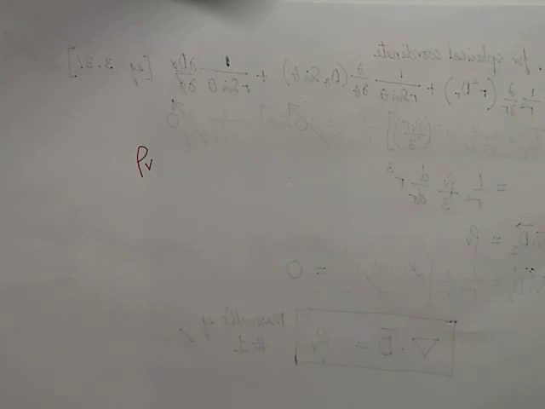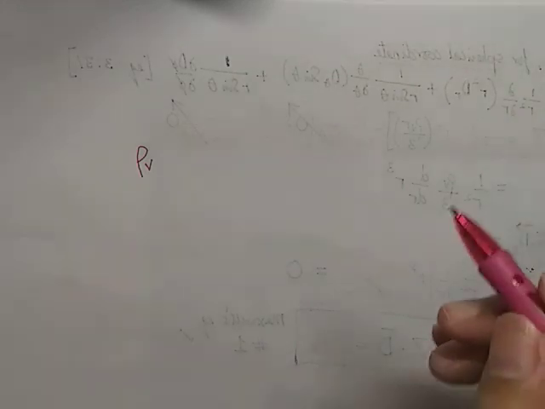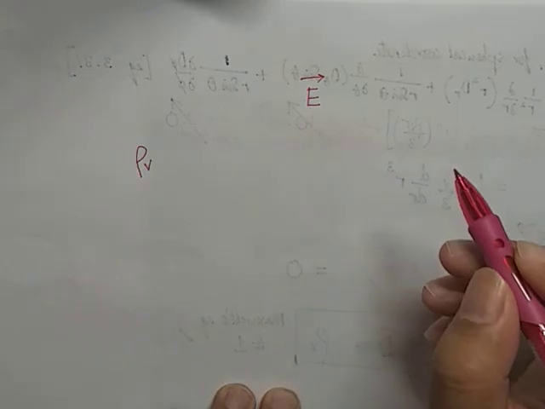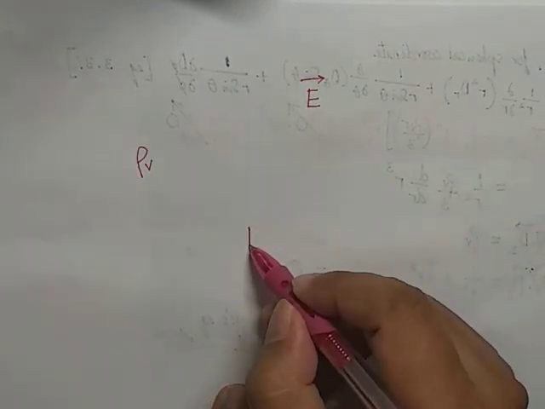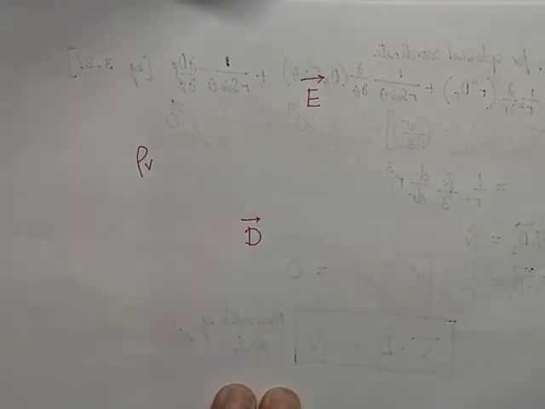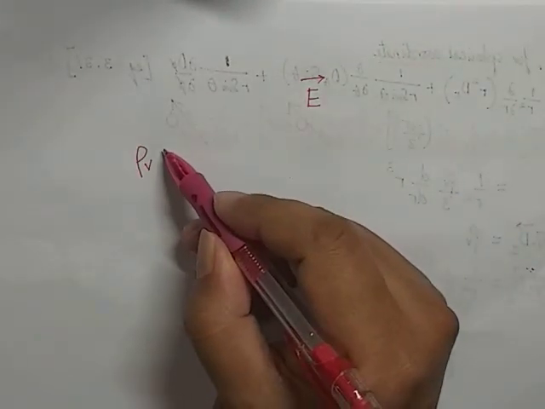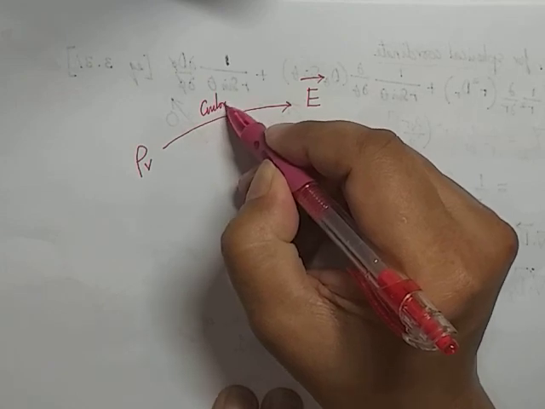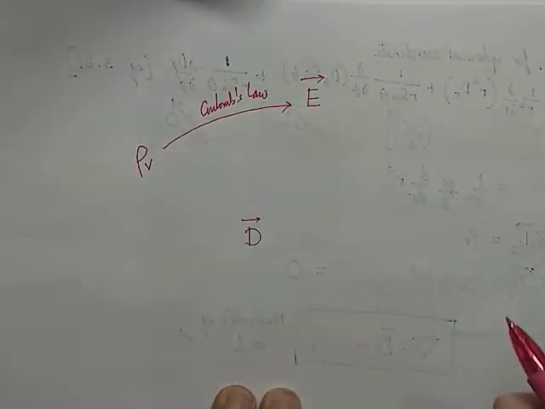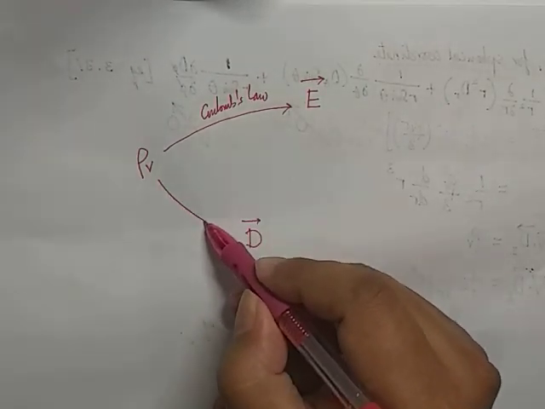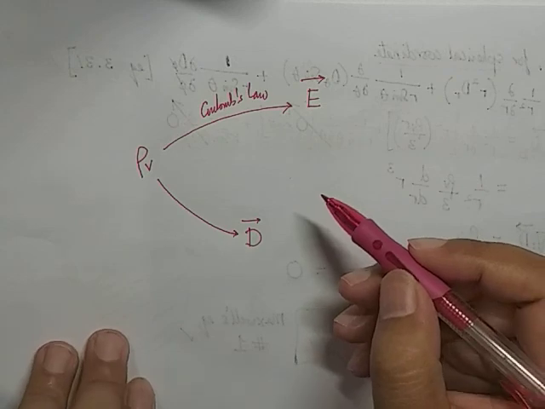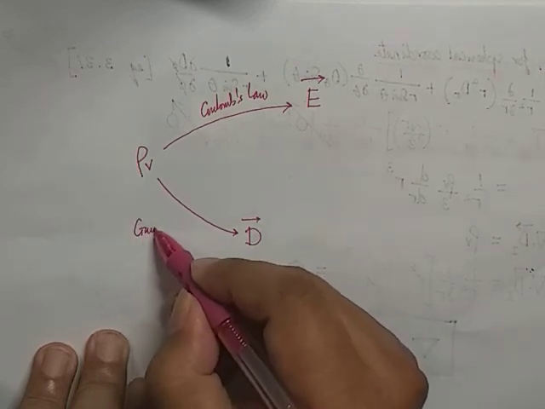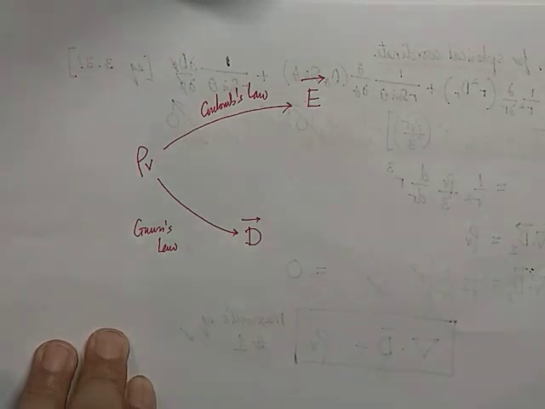The source can produce electric field intensity, E, and another field that can be produced is electric flux density, D. Before, we can determine E from the source using Coulomb's law, and then we can determine D from the source provided there is a certain condition that allows us to use Gauss law.